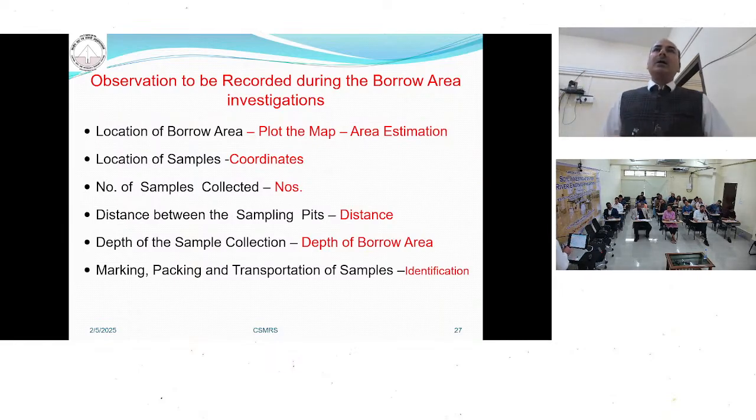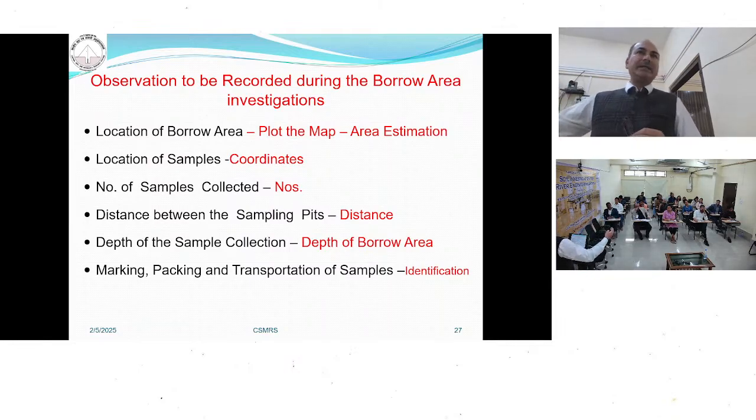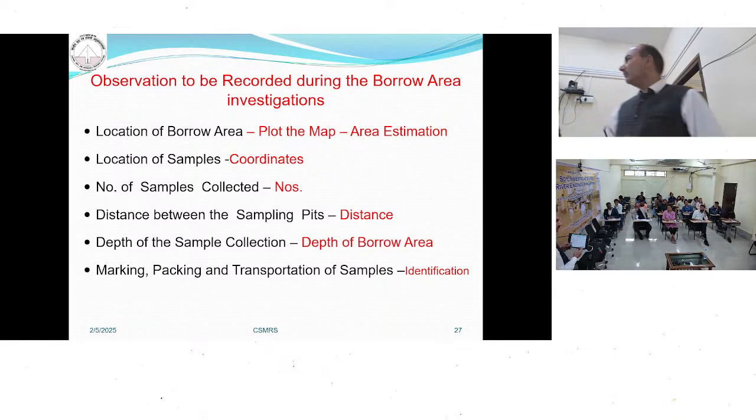When you test in the laboratory, you find that 8 samples are good, I can use this material, but 4 samples are not good. If you don't have the location, how will you identify which material is which? To delineate that area, you require the location of those samples. So this is my good area, this is my bad area, so I have to leave this one. That's why you have to take the coordinates, whatever method you want. Nowadays there are a lot of methods.